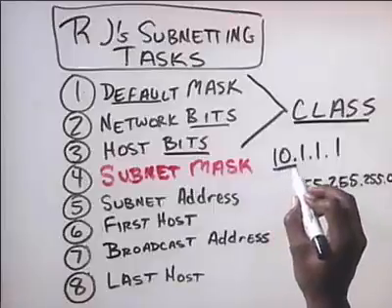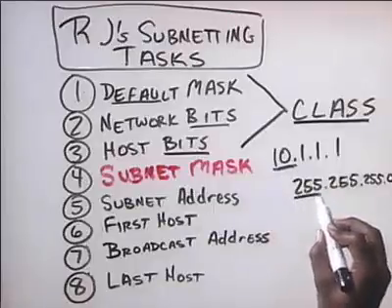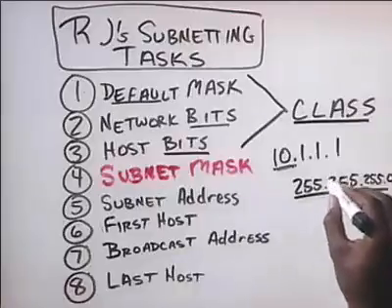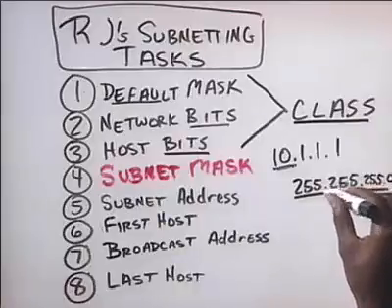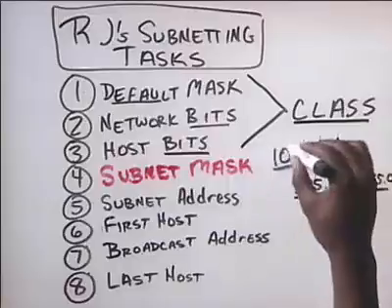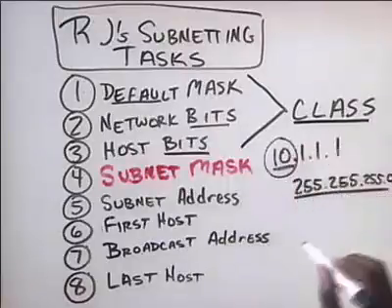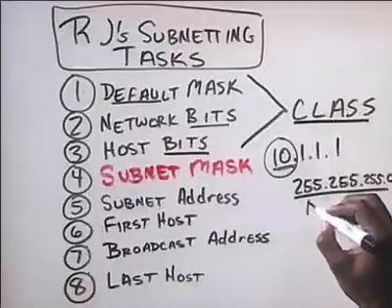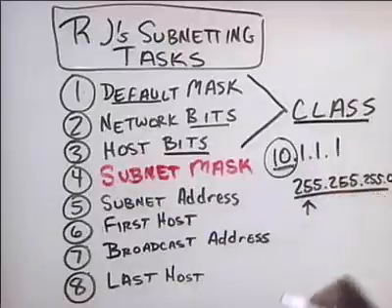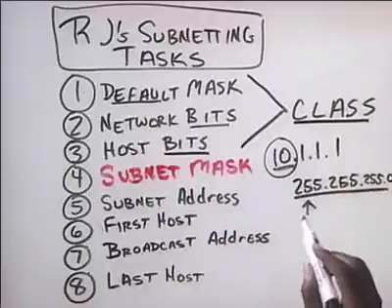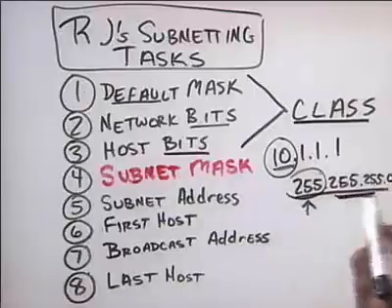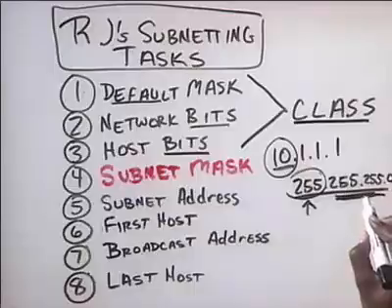This is a Class A address with a 24-bit mask. The mask itself does not have a class. The class defines or determines the mask. So this is actually a Class A default mask, with 16 additional bits of subnetting.